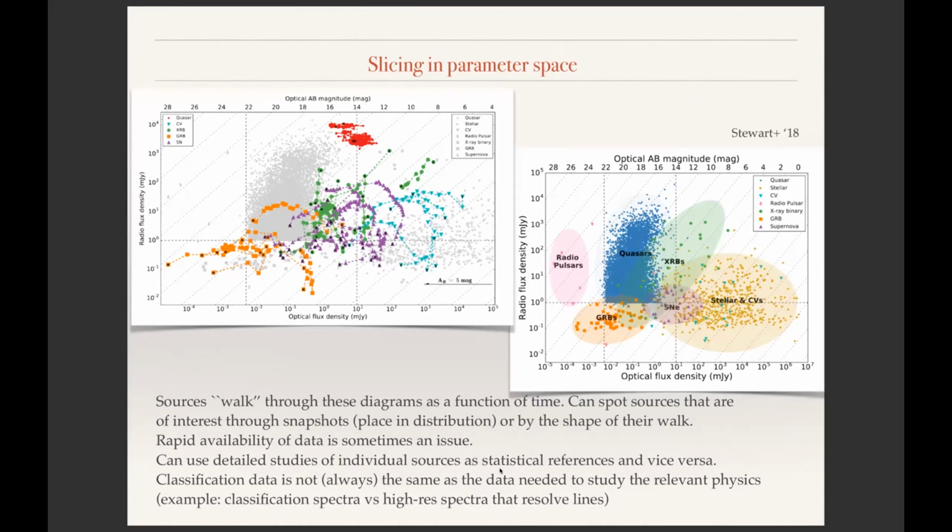So we can identify in a stream of transients, as long as we can combine different wavelengths together, sources of interest by their location with respect to these big clusters, and by the direction and shape of their path in this diagram if we have more than one data set. So this helps us to identify what is interesting and what is not, and where to dedicate our follow-up time.